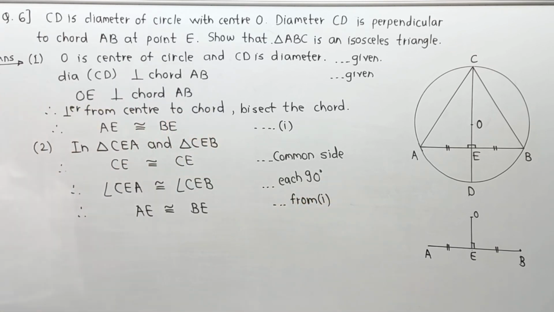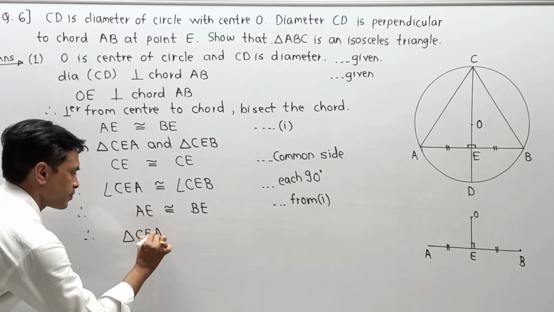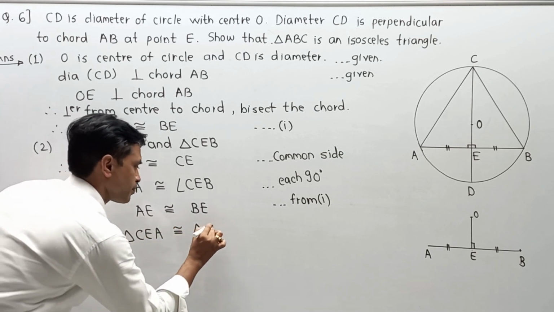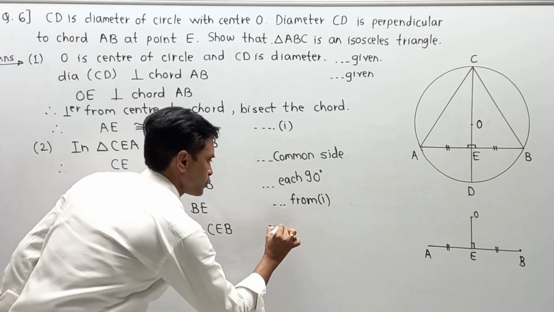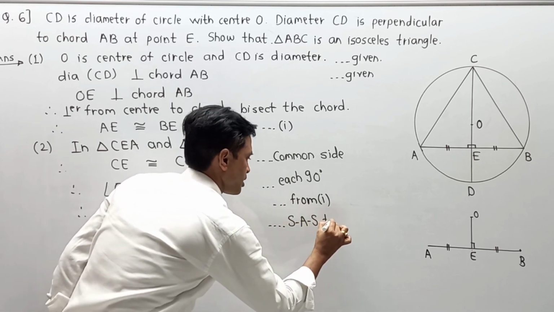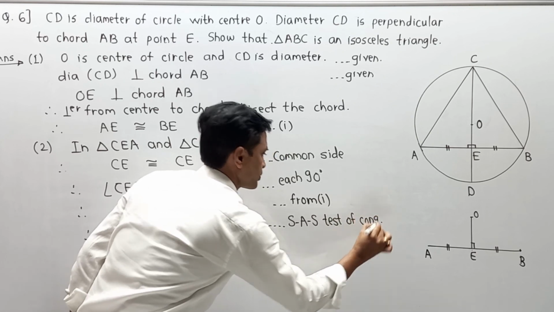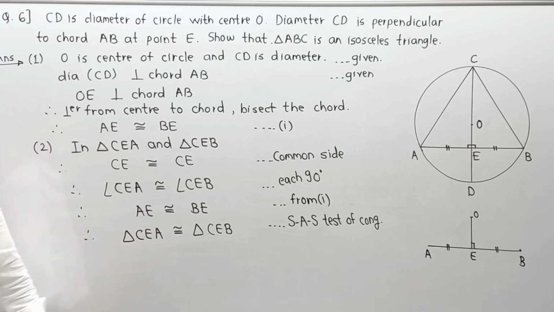Naturally we can say that triangle CEA is congruent to triangle CEB by the side-angle-side test of congruency, or SAS test of congruency. Now when two triangles are congruent, their respective sides and respective angles must be congruent.